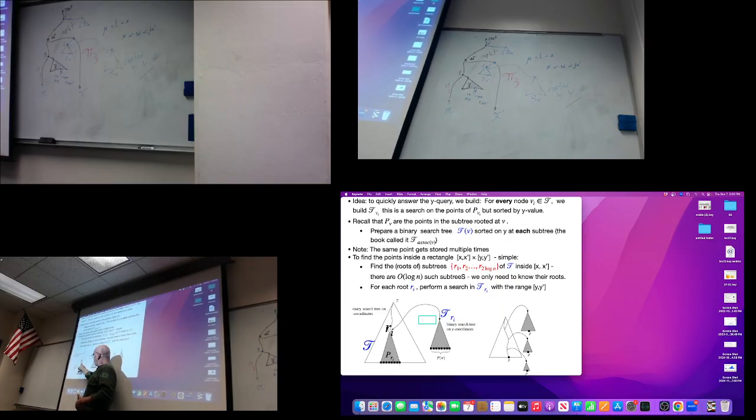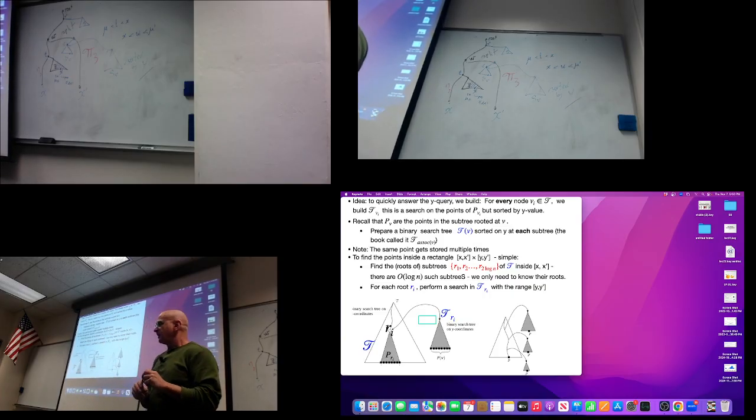And for each one, I'm fine in terms of x. Now in each such subtree, T of I sorted by Y, I perform one search. So did I answer your question, or you suggested something else? Kind of. I think so.